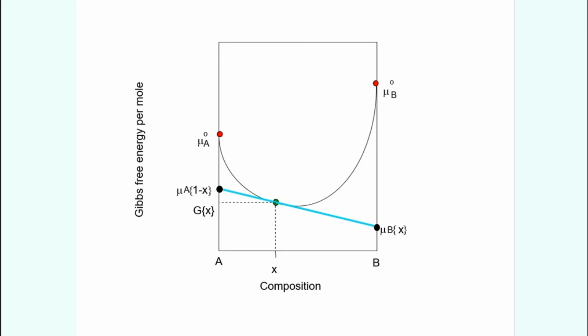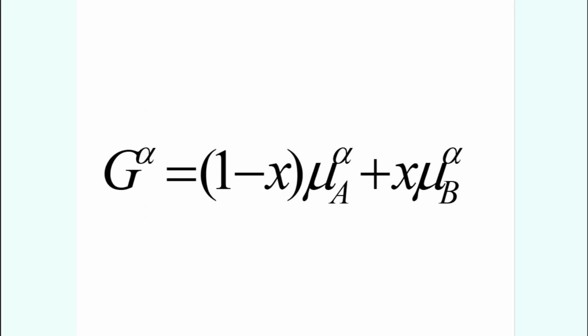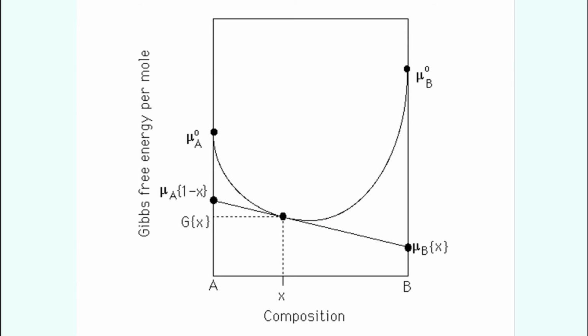That is something which is done in typical thermodynamics. And then once you know mu A and mu B, you can write G is equal to (1 minus x) mu A plus x mu B, right. This is also very standard, because the two chemical potentials of A and B components for phase alpha, you can do that.